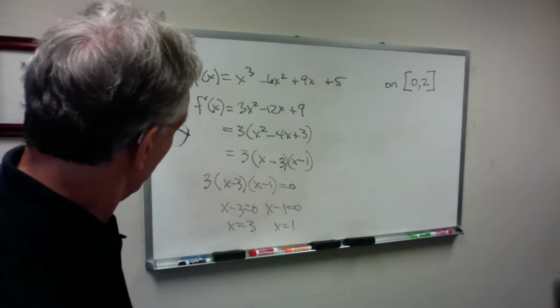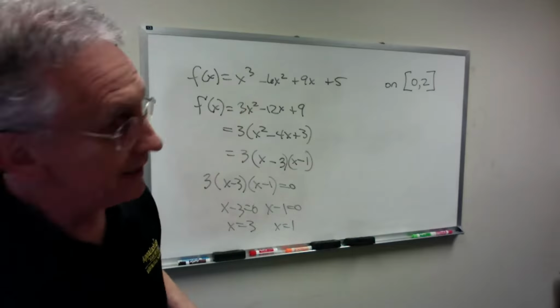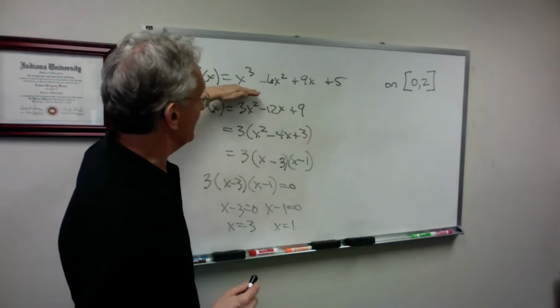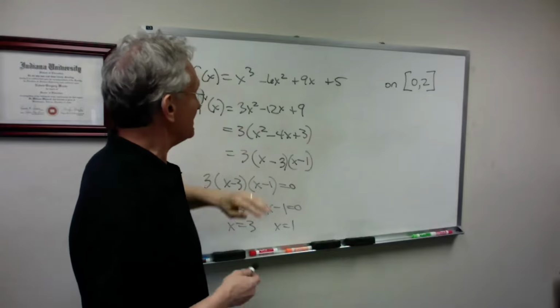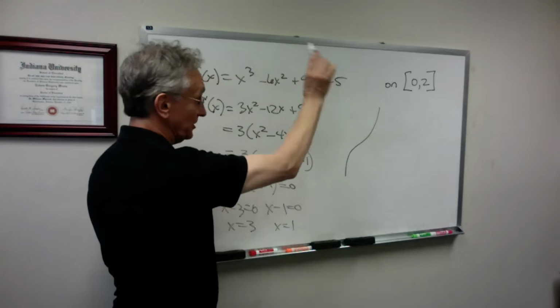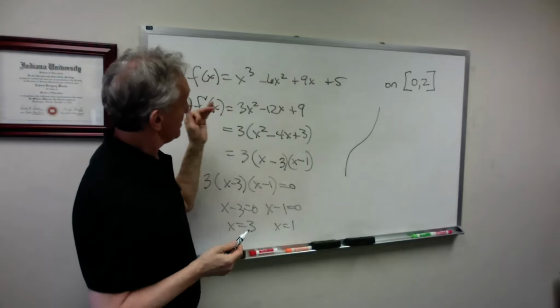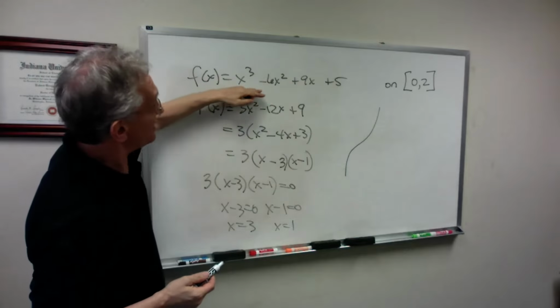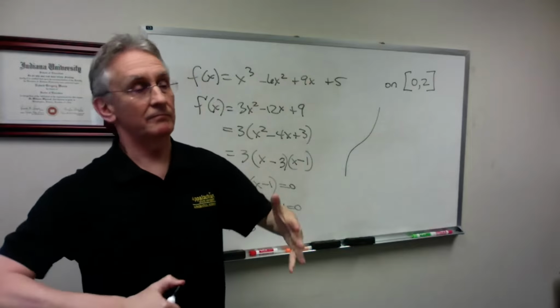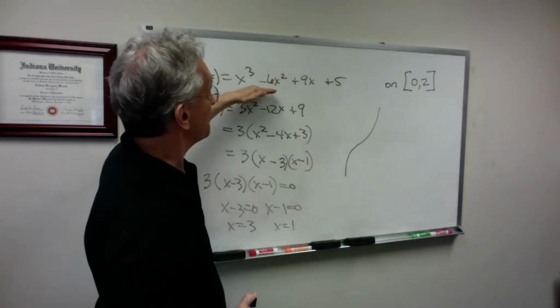First of all, you tell me, stop and think about this. What does this graph look like? We've got a cubic, right? And it's not just x cubed. X cubed looks something like this in general. But this has other things that have been added and subtracted from it.